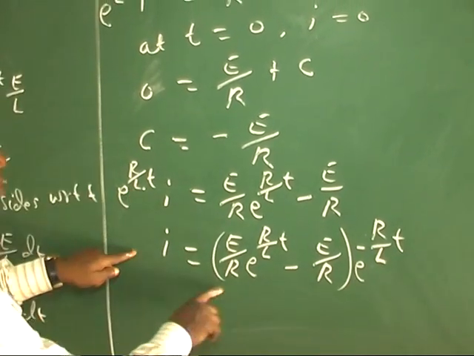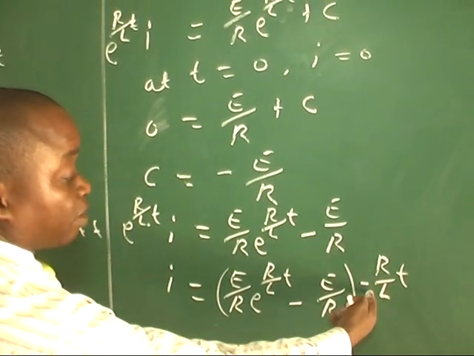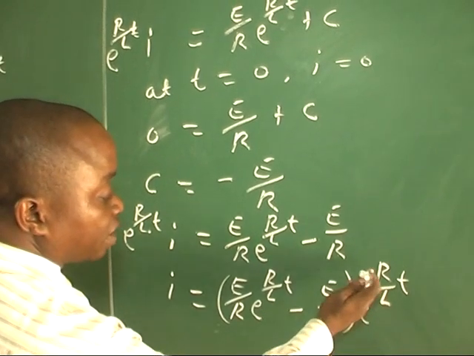I'm dividing through by this, so I just carry it up. That's why we have this minus sign in this place.